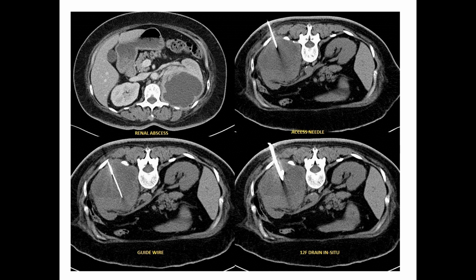In the second picture on the right, the needle is entering the cavity, and then the guide wire is inserted, and through the guide wire you put your drain tube.